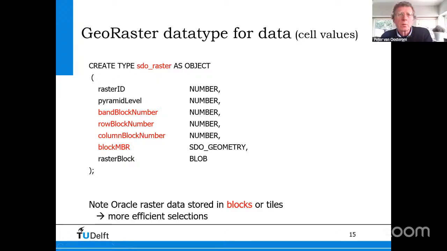The bottom level or the one above or the top level. Then you have the bands, RGB or other bands, could be bands in multispectral images. And then you indicate the row and the column of the block. And then each block has a little bounding box, a minimal bounding rectangle, which has its own geometry. And then the actual values, say the grid cell values, is stored in the third table with the blobs.